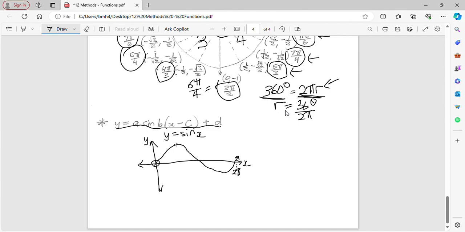So this one is going to be when x is equal to a half pi on 2. That's when you're going to have your peak here. At pi, you're going to have the 0. When sine x is equal to 0, you're going to have x is equal to pi.